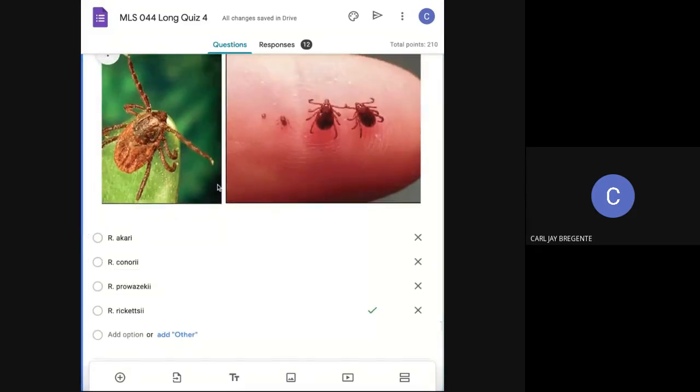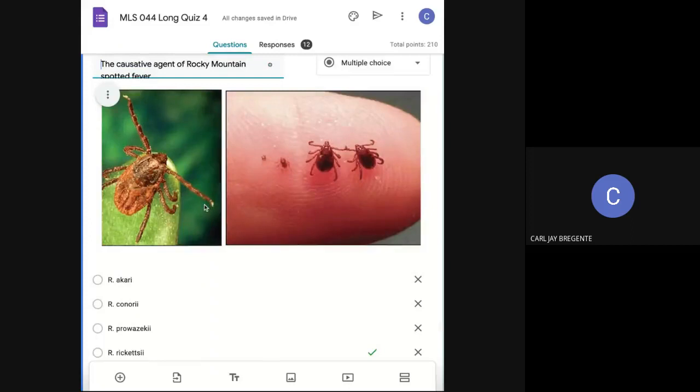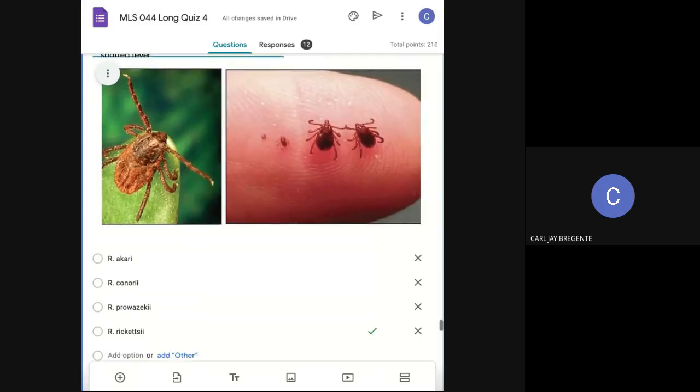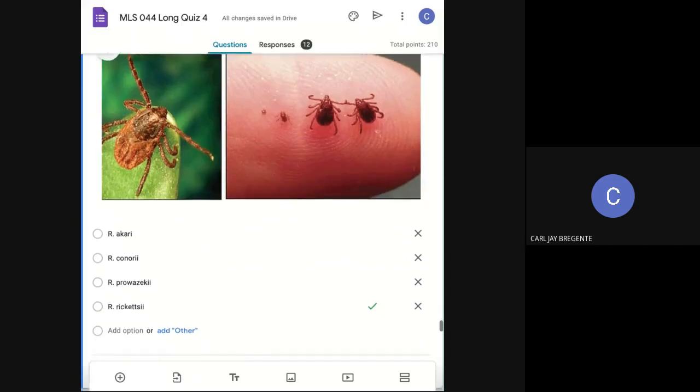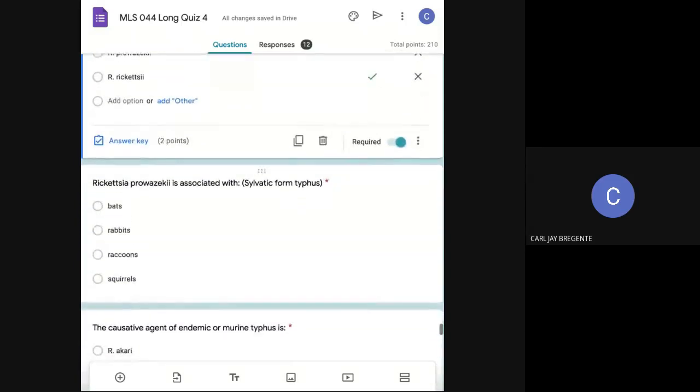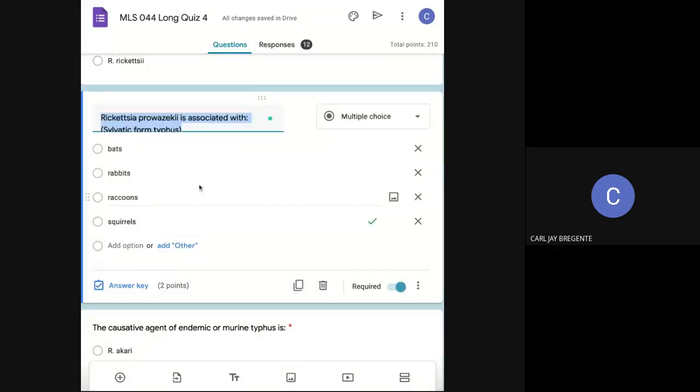So these are the agents. These are ticks class. These are not common in the Philippines, but this is common in European nations. Rickettsia prowazekii is associated with squirrels, particularly the sylvatic form of typhus.